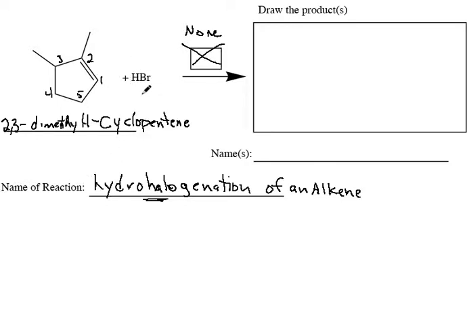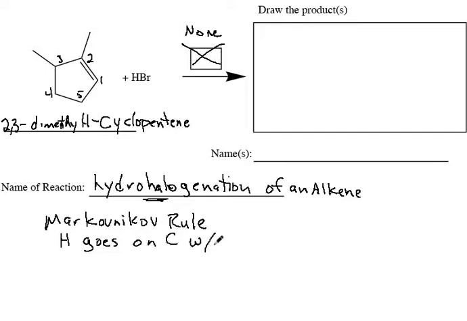Now, in order to decide which one gets which, what gets the H and what gets the Br, we need to use Markovnikov's rule. Okay, and Markovnikov's rule is H goes on the carbon with more H.